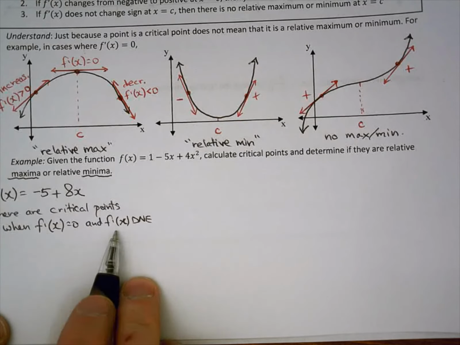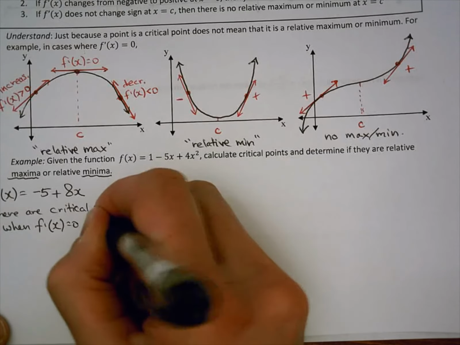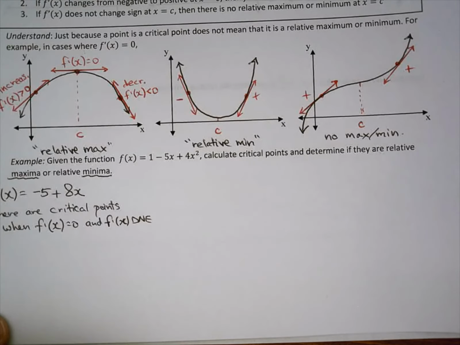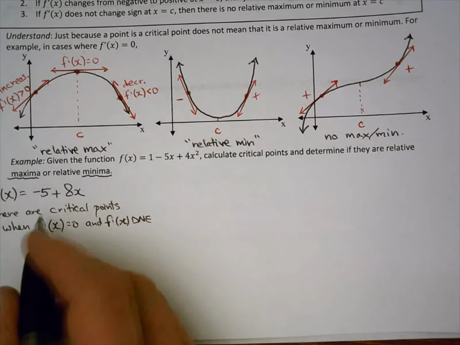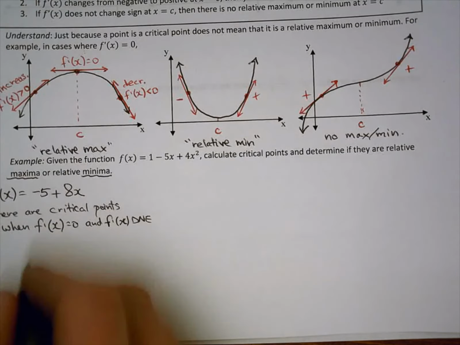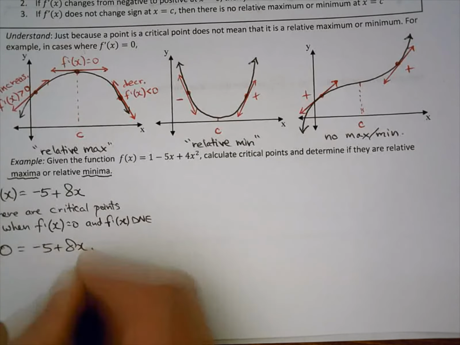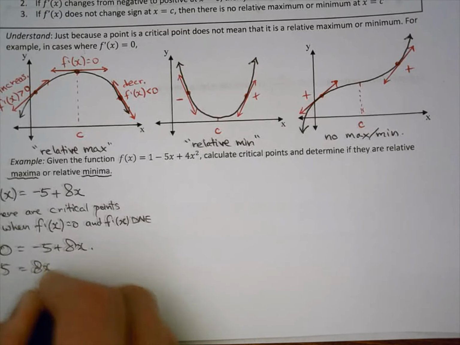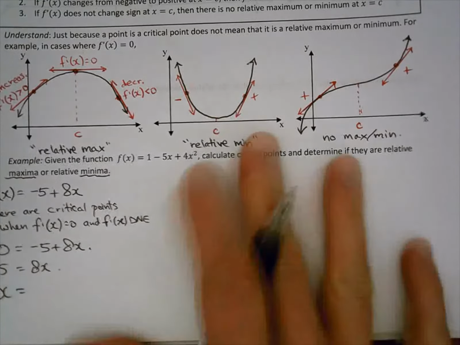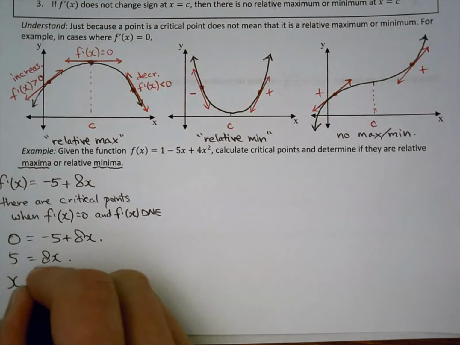Well, there's no such thing as this derivative not existing. It's a polynomial function. It exists for all x values. But we can find places where this derivative is equal to 0. So I'm going to set it equal to 0. Then I end up with 5 is equal to 8x, so x is equal to 5 over 8.